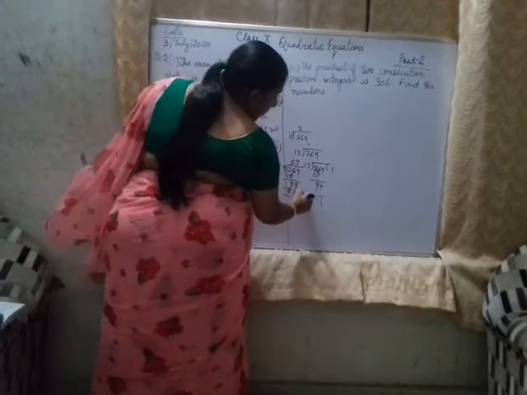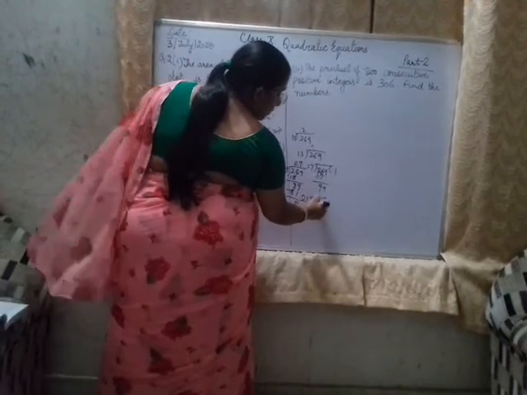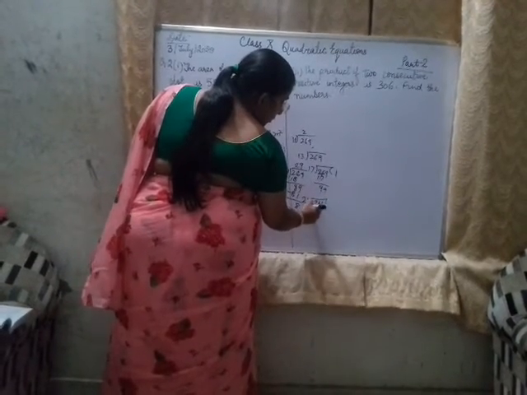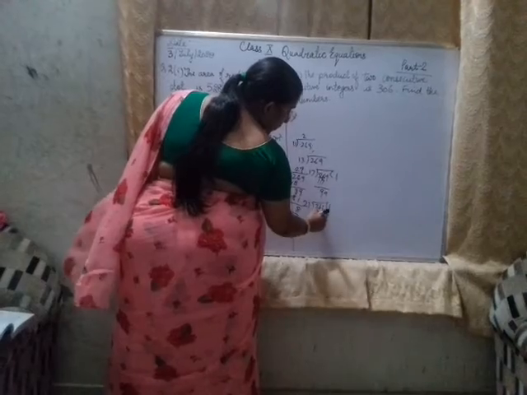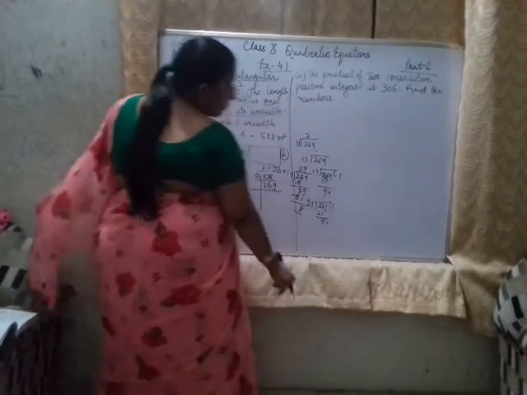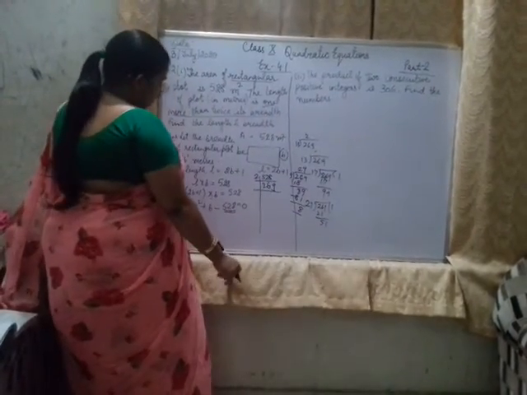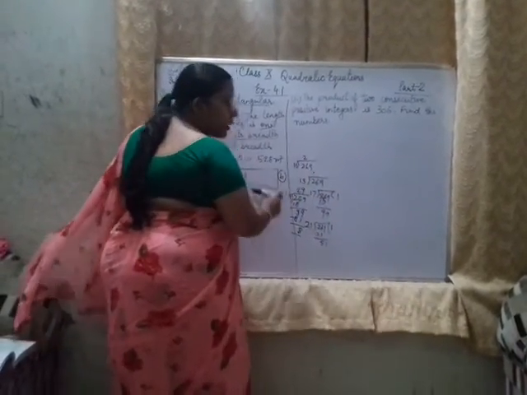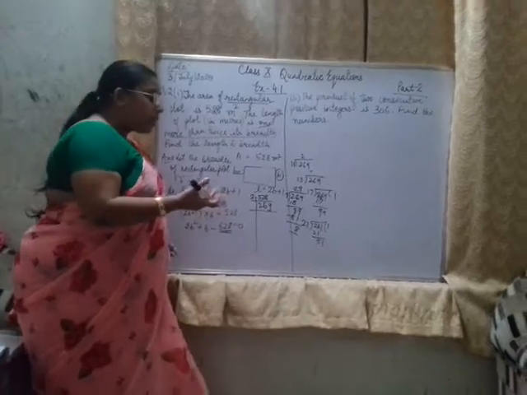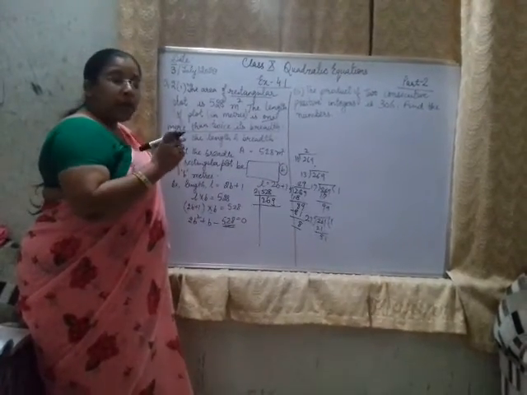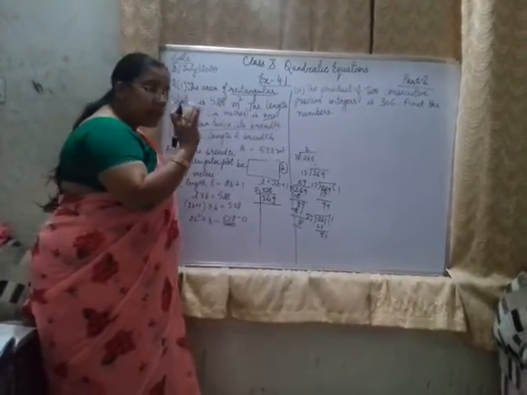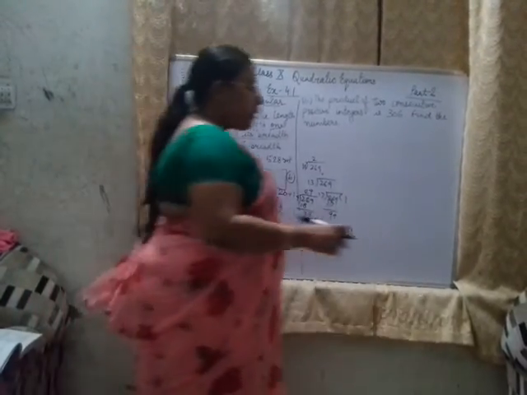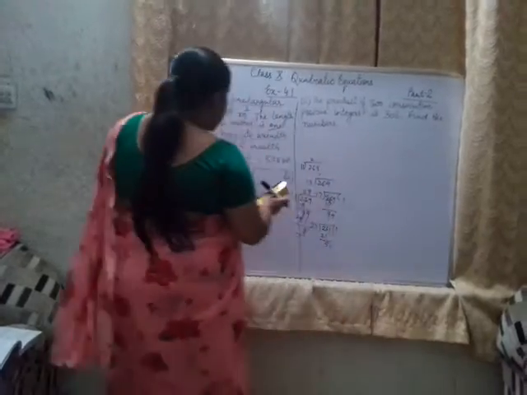Let us go by 21, and it is not going by that either. So this is a quite lengthy way to solve the quadratic equation. Okay, so I'll tell you the easiest way to solve any quadratic equation. We will not be doing the question this way.